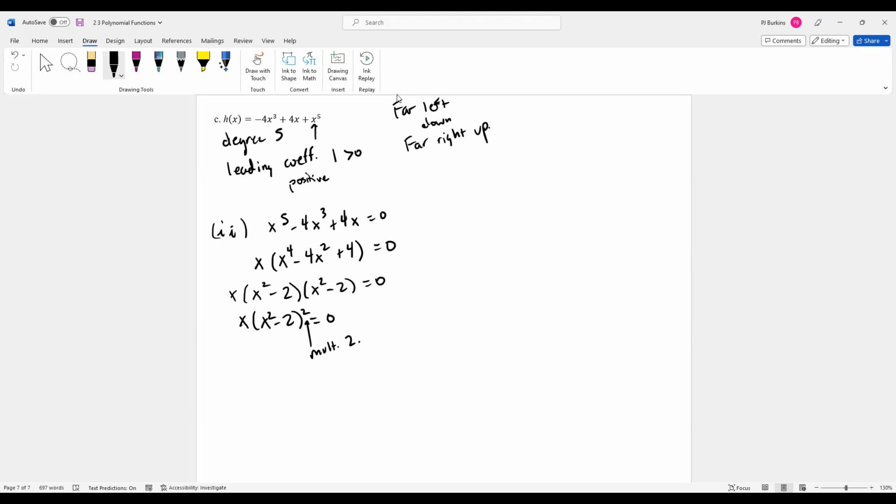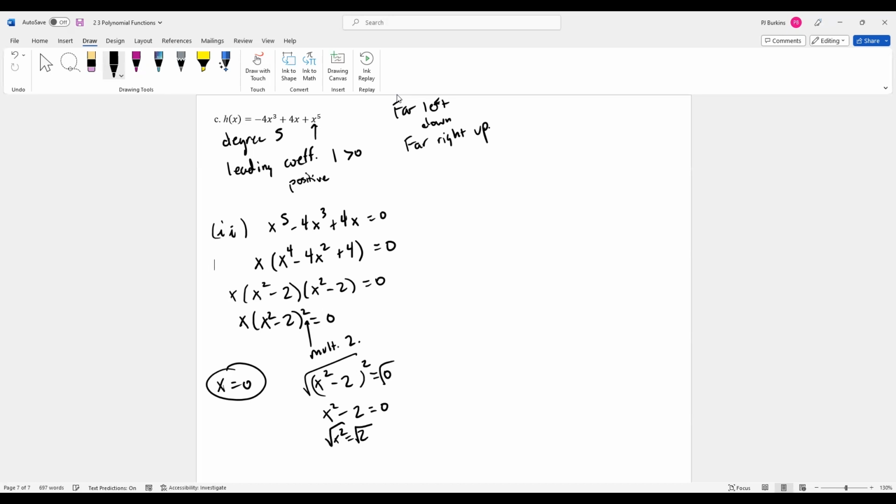Okay. All right, setting each one of those equal to 0, we get x equals 0 is one of the roots. For the other root, we have x squared minus 2, squared, is 0. Take the square root of both sides, and I get x squared minus 2 equals 0. Then I would move the 2 to the other side and take the square root again.